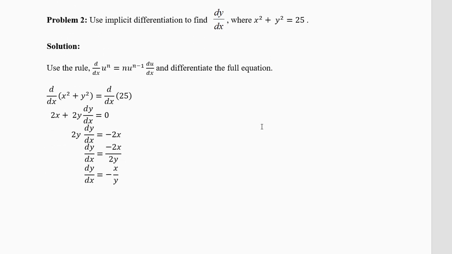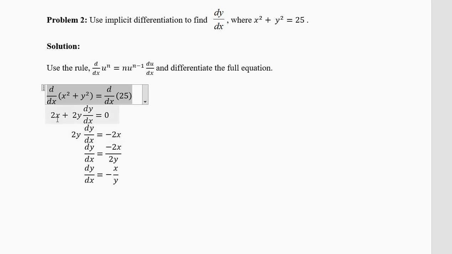Now let's look at problem number 2. Use implicit differentiation to find dy by dx where x square plus y square equal to 25. You will not have any f of x, you will only have an equation. This equation is the equation of a circle with the center at the origin. Now differentiate on both the sides.